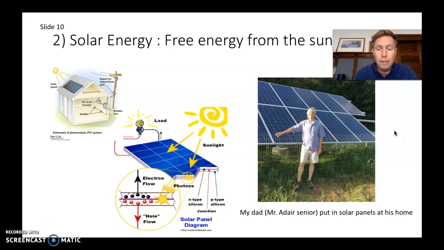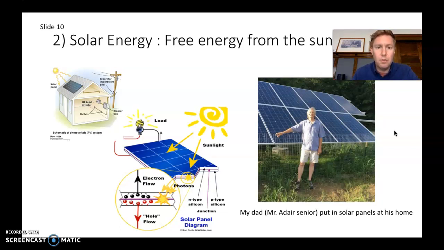He's had them for a long time now, like 8 or 9 years, and after they pay for themselves, the electrical company actually gives you money to have these. So it's really a financial investment, and it's also an investment into our environment too.